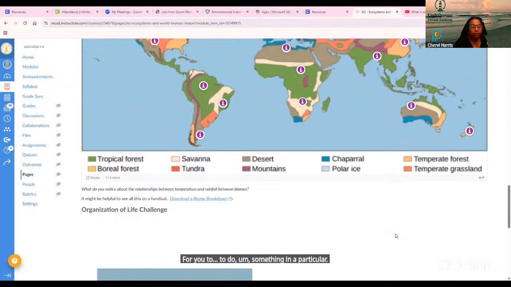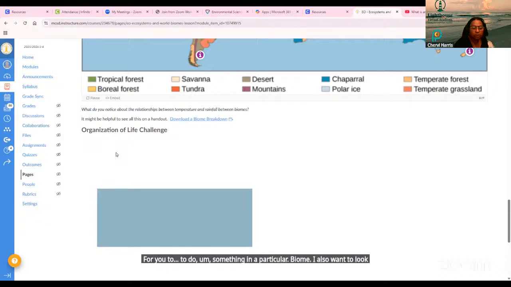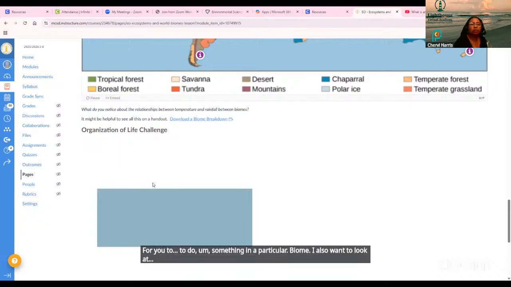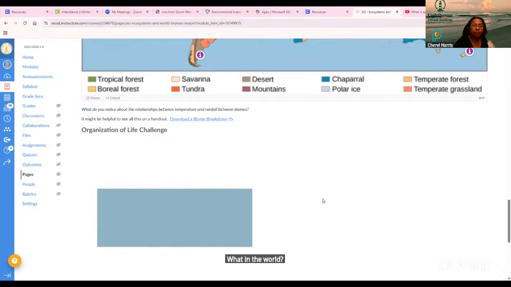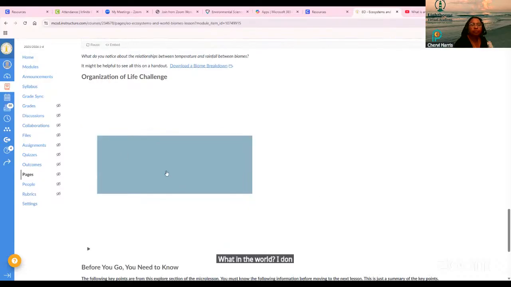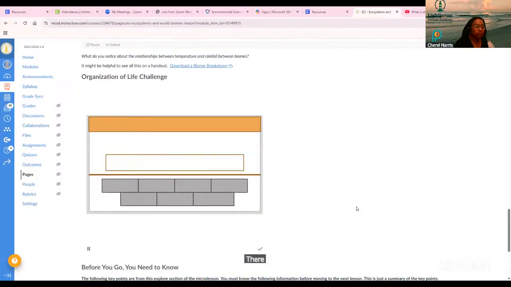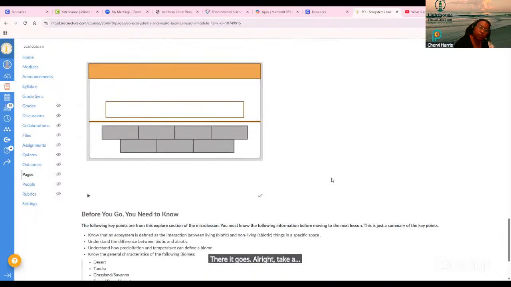I also want to look at, what in the world? I don't know. There it goes. All right. I don't know, my computer is slow this morning.